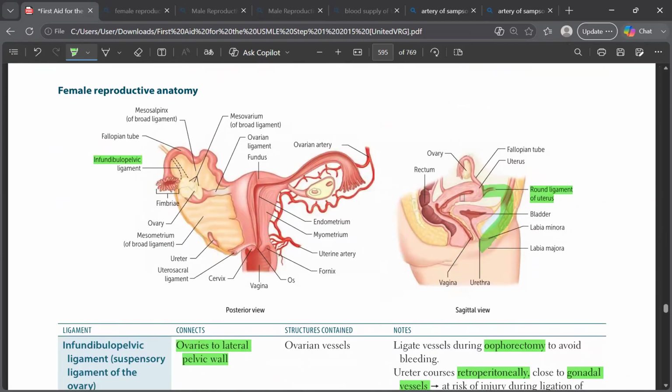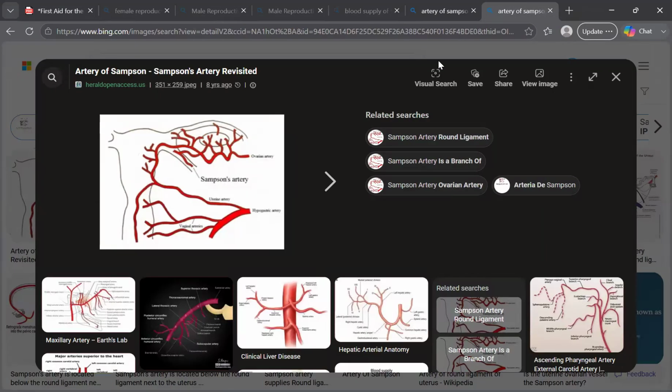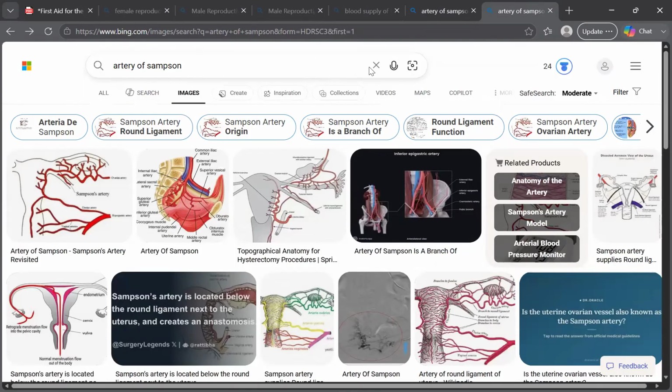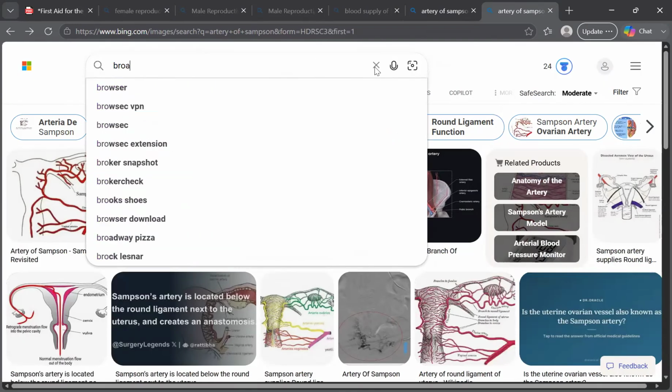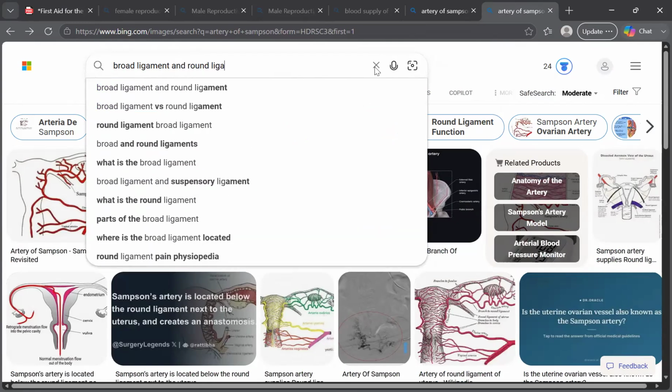I think I need to check this. Round ligament of uterus.